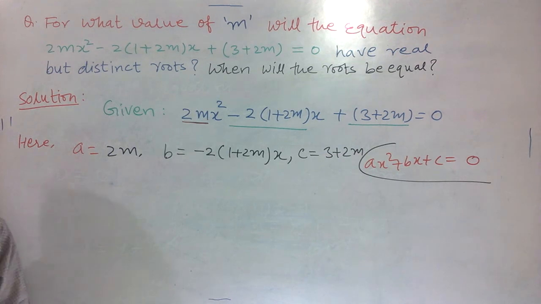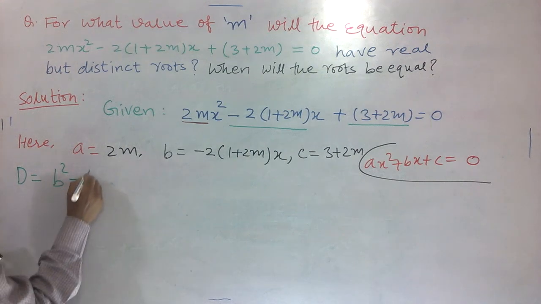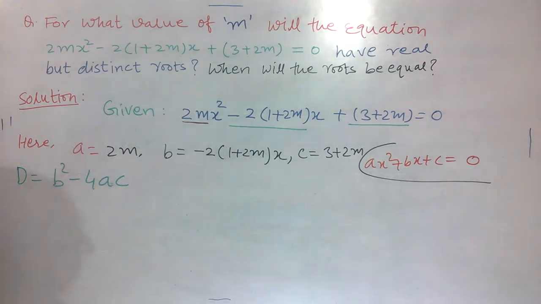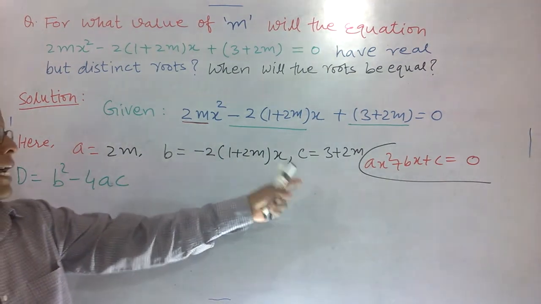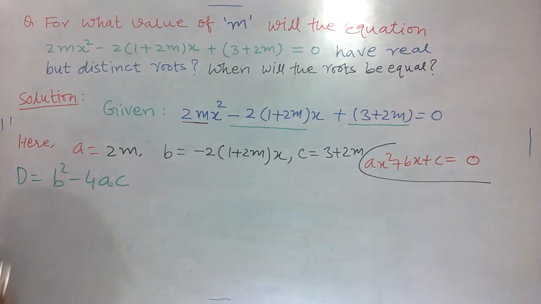Then you have to calculate the value of discriminant. The discriminant is given by D is equal to, yes, tell me, it is b square minus 4ac. Substitute the value of b, a and c from here to here. Calculate the value of discriminant first.